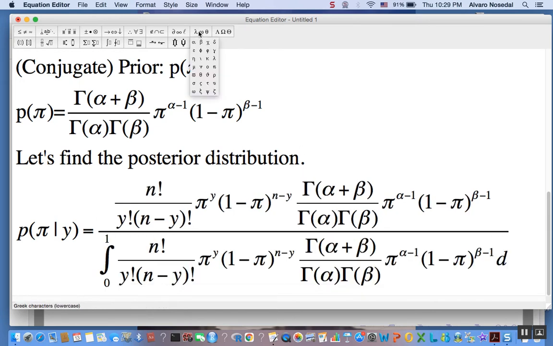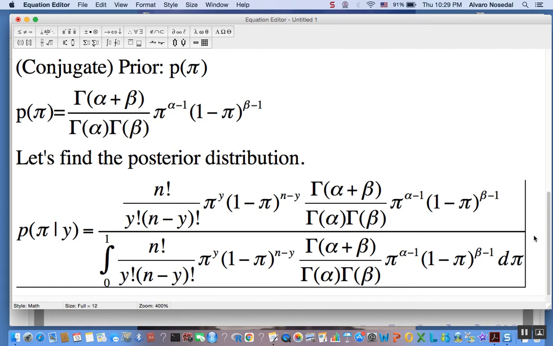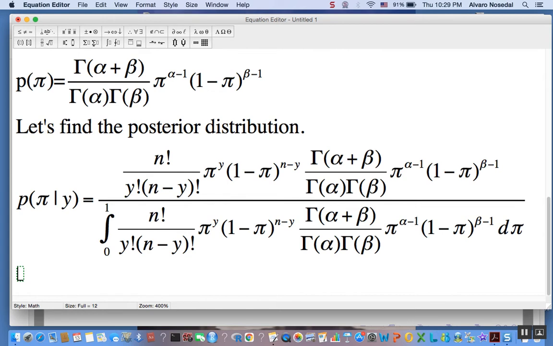Make sense? Got it? Okay. So the numerator is no problem, that's going to be easy, but let's try and make it look a bit nicer. Let's do a little bit of algebra.